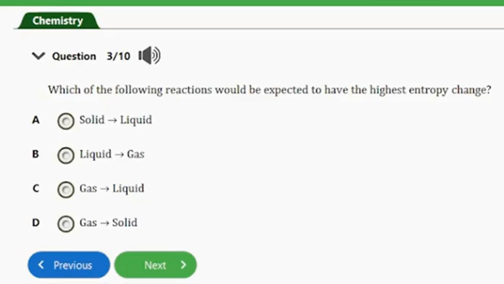In this phase change, molecules actually have a higher degree of freedom and are more dispersed compared to that of the liquid phase and the rest. So that would be the answer to this question. When substances move to the gaseous state, their entropy actually increases more compared to that of other phases. So guys, that's it with that question.